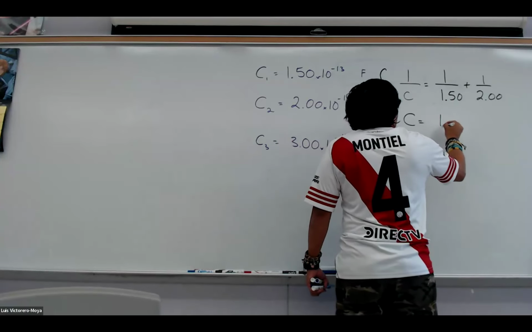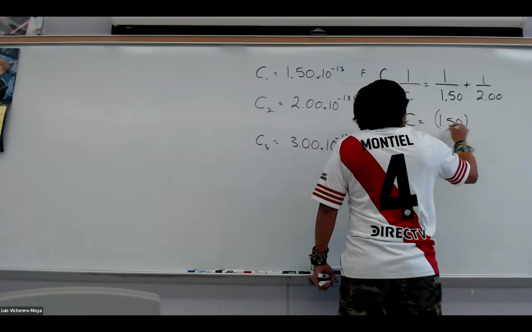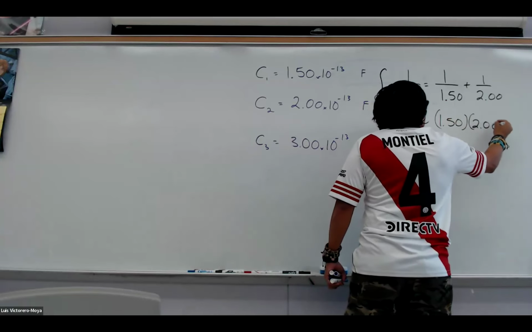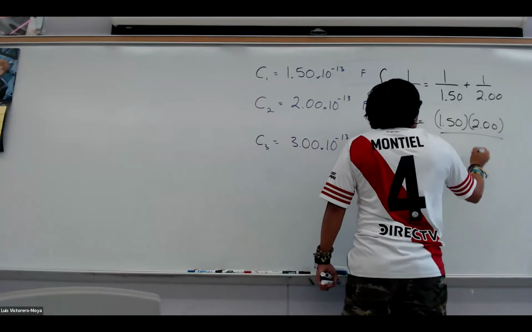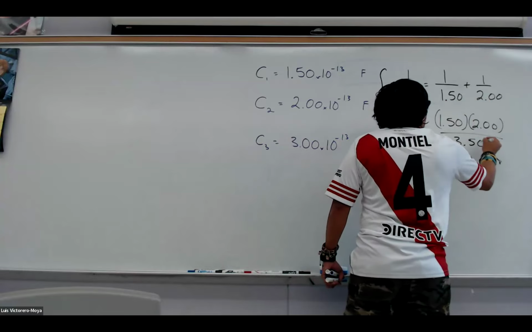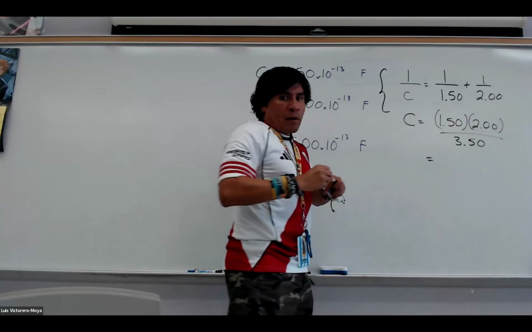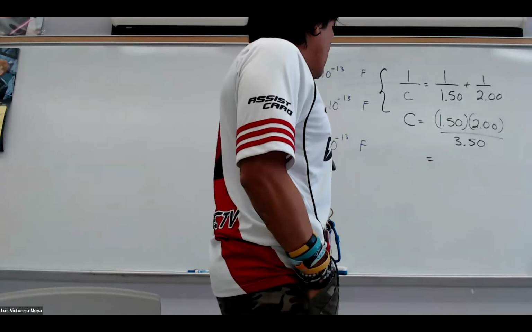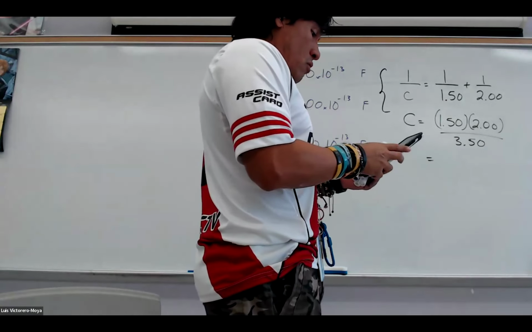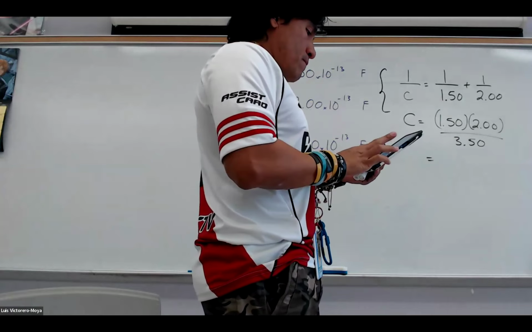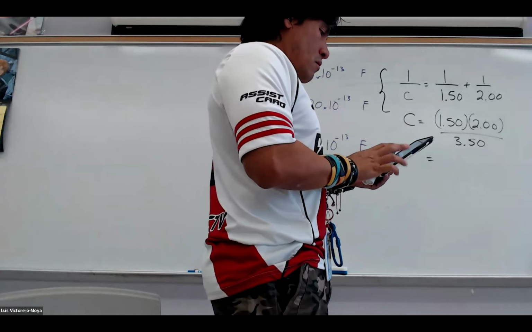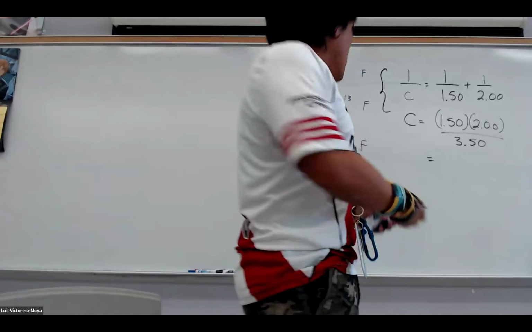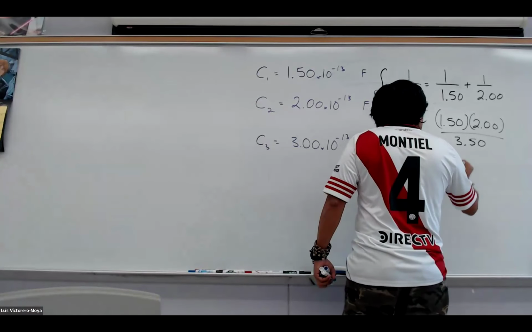C will be 1.5 times 2 divided by the addition, which is 3. That would be the C equivalent for the series one. So that's 3 divided by 3.5, 0.86.